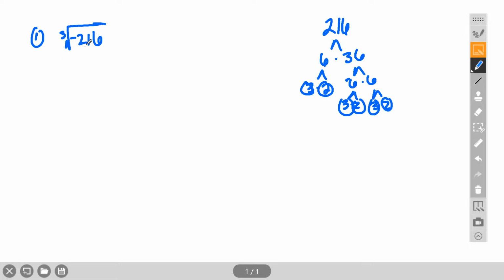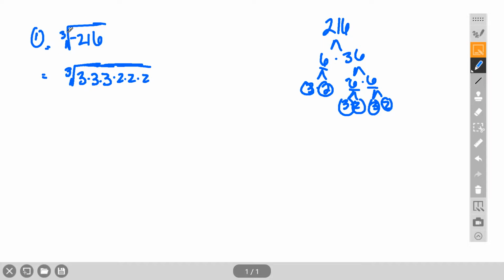Now, if you had already realized that we're looking for a cubed root, so we're looking for 3 numbers that multiply together that are the same, and you already realized that 6 multiplies together 3 times to give us 216, then you don't need to break it up into 3's and 2's, right? You can just do it as it is there. All right, so we have 3 times 3 times 3, because there's 3 3's, and we have 2 times 2 times 2.